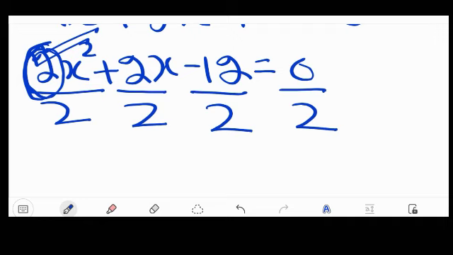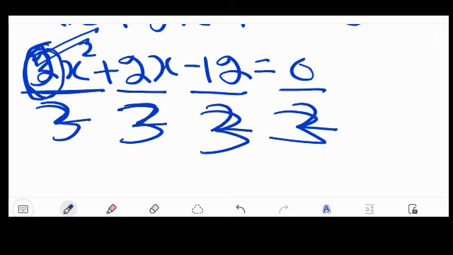If it is other than 1, then you will have to divide the whole question by that number. It must be 1. For example, if here is 3, you will have to divide all the terms by 3. If here is 6, you will have to divide all the terms by 6. That is the main point in the completing square method.